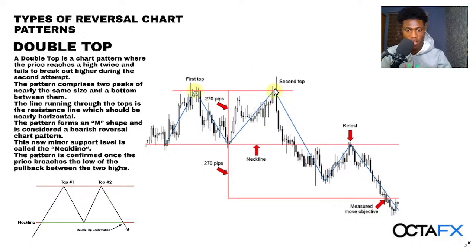So it tested at this point, couldn't close above, and returned to break below this support level, the pullback between the first high and second high. So it broke below, and most traders would enter the breakout and set their stop loss probably above here, but I prefer to wait for a retest, and I'll look for a rejection of higher prices, when price is not able to close above this support level.